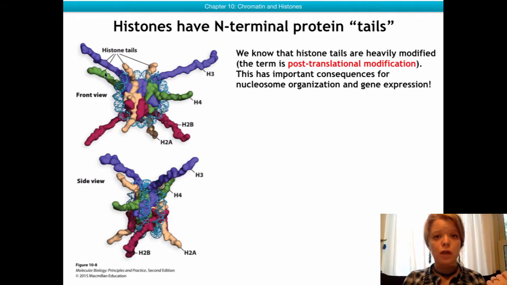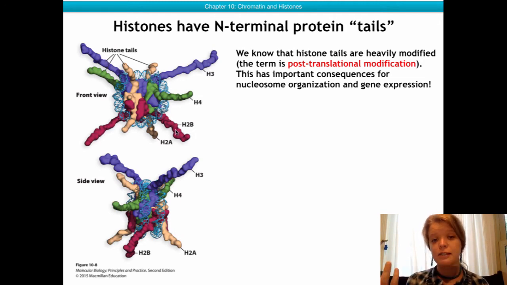So here you go. You can see these things protruding from a nucleosome. When we looked at them in PDB, they were just little lines because only the backbone of the N-terminal histone tails was shown. Here, this is a space-filling model that has the side chains as well.